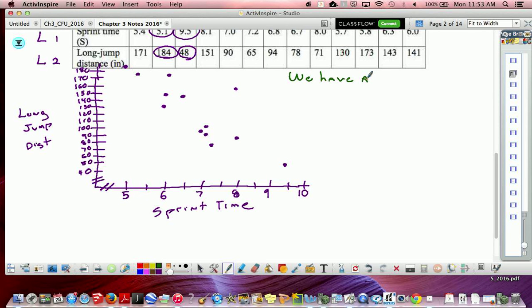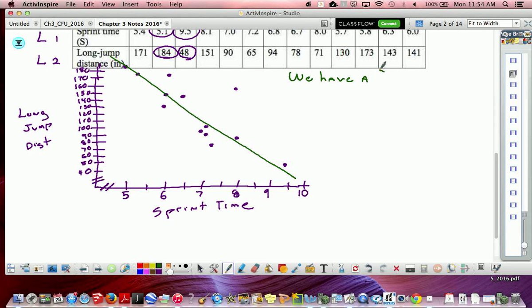Would you say that this is strong or weak? If I were to sketch a line in here, just estimating it, are most of the points relatively close to it? Yeah. So I'm going to say strong.